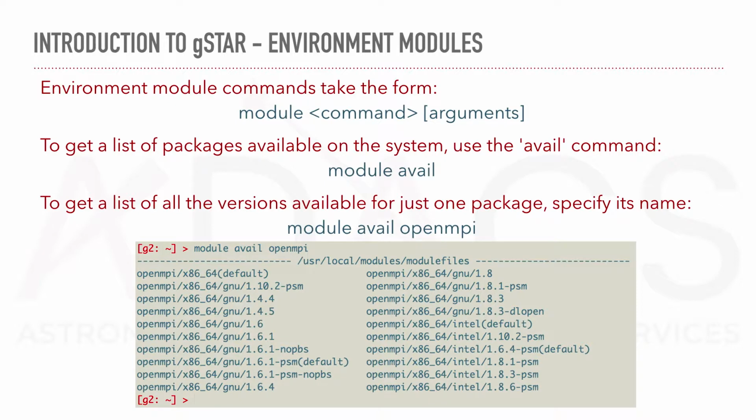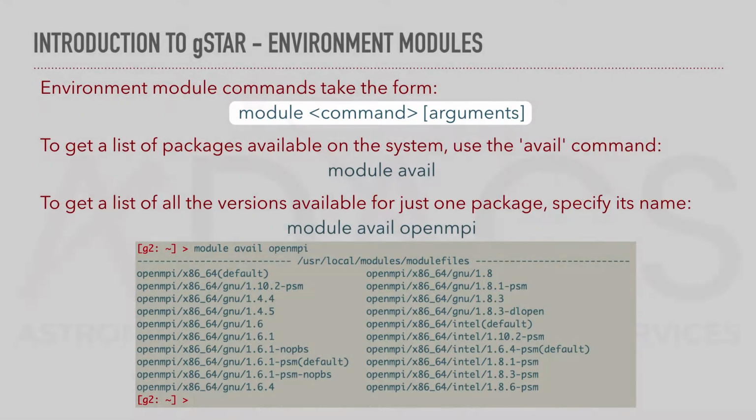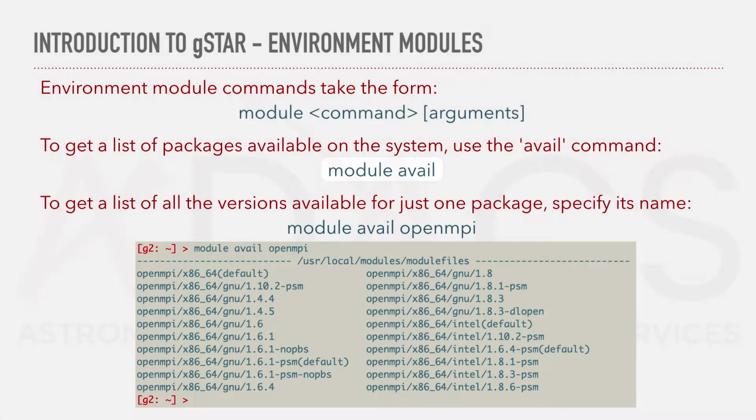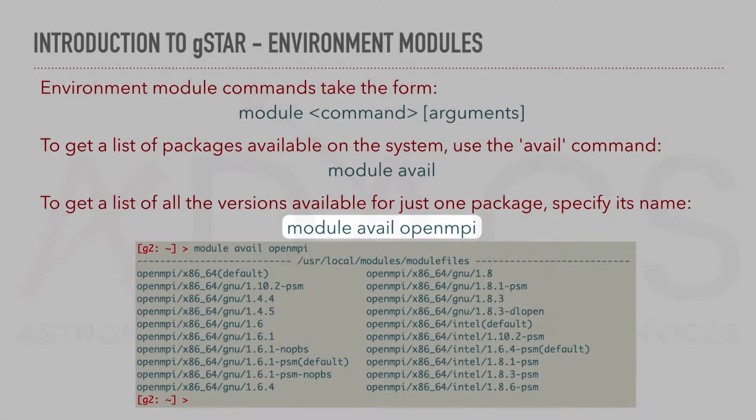Environment modules are accessed through commands executed in a user's shell. Each takes the form module, command, arguments. To get a list of all available modules, execute module avail.